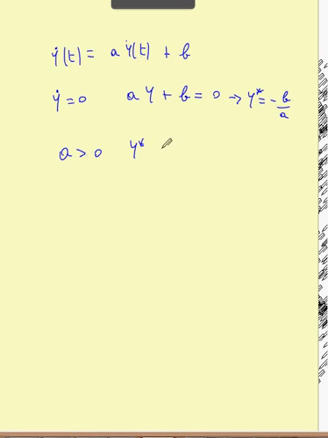Now we need to multiply both sides by the integrating factor, which is the same we have seen before: e to the power of minus at.